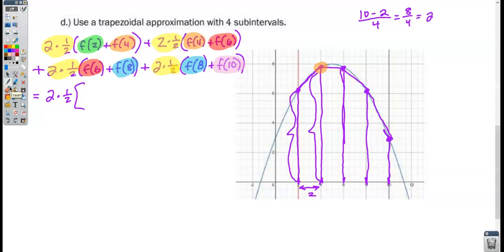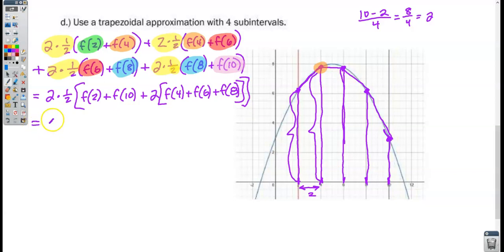So I can shorthand this. I have the left endpoint of the interval, the right endpoint of the interval, and then 2 times the sum of all of the other endpoints of each of the subintervals. So I like to do that when I have uniform widths in the trapezoidal rule. It's not necessarily something that you've got to do.